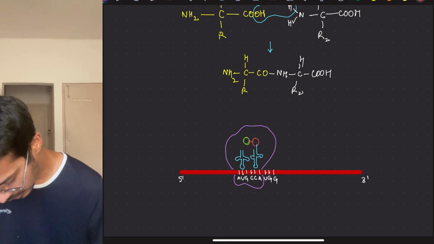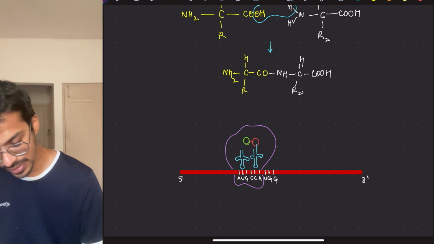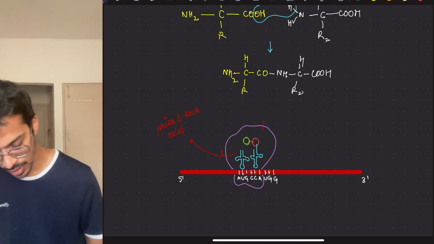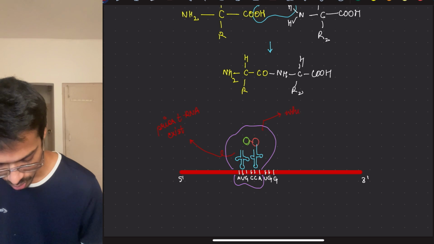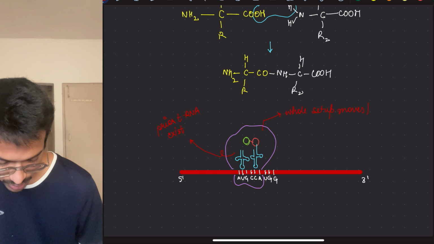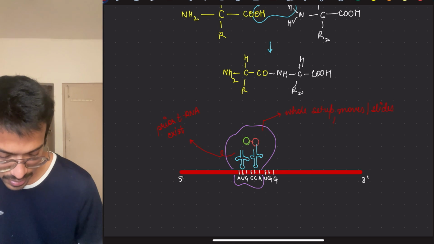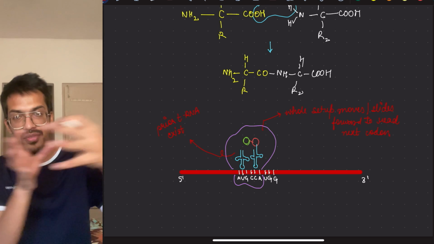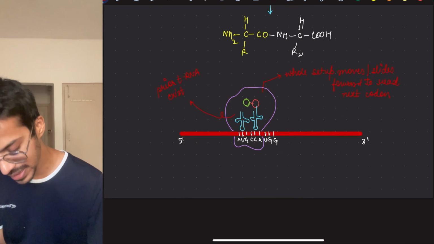So this bond has been made, and the prior tRNA will exit, and this whole structure, the whole setup, moves or slides forward to read the next codon.